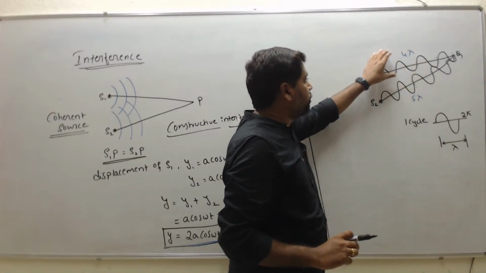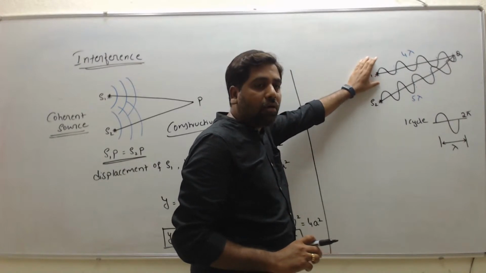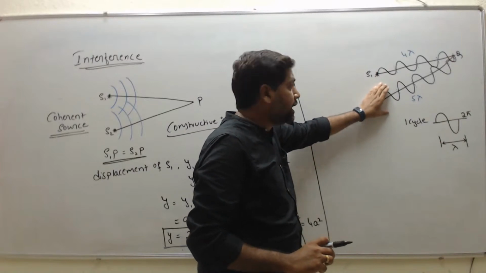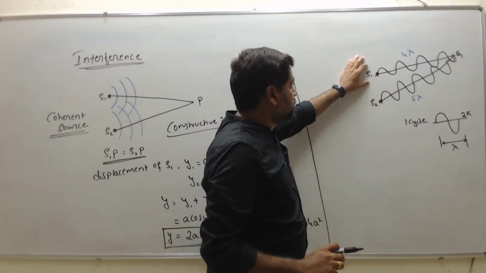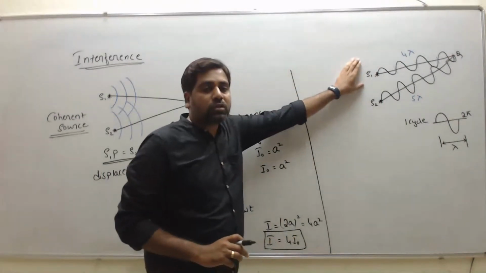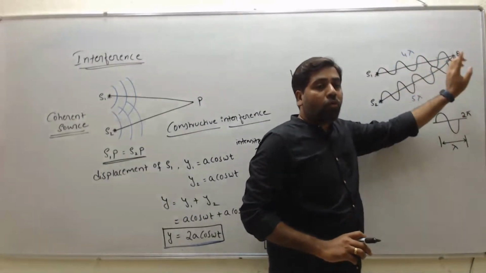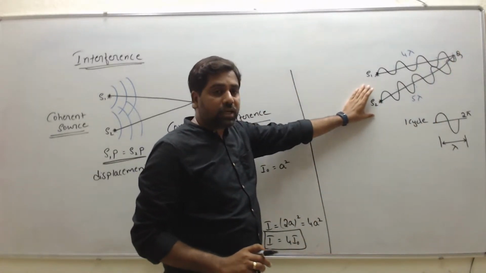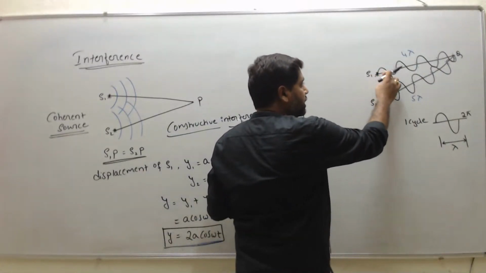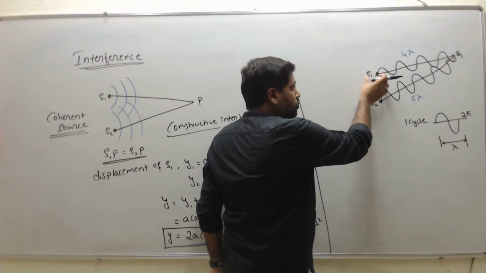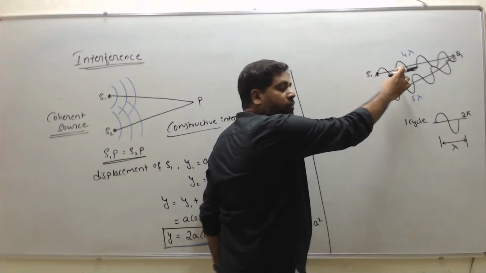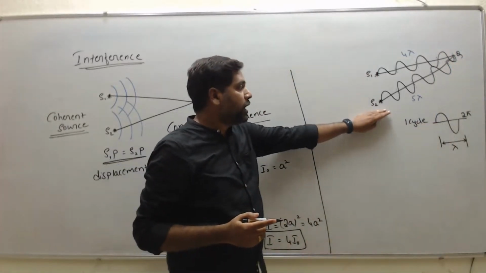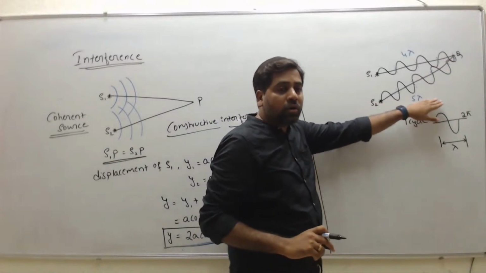We have 4 cycles from S1 and 5 cycles from S2. So the waves emanating from S1 reach the point Q one cycle earlier than S2, because S2 has to travel one more cycle.